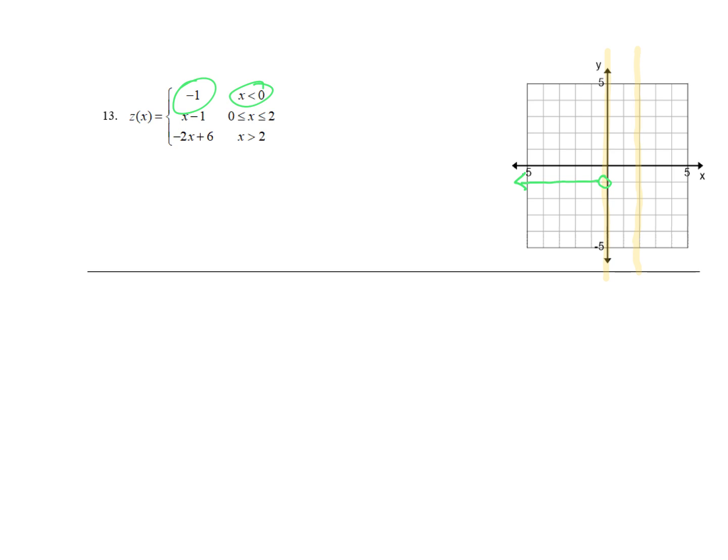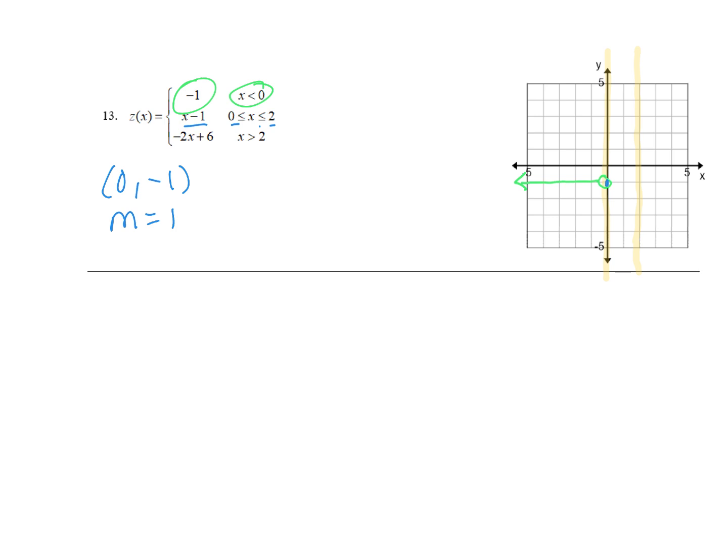Now, in the middle, I have x minus 1. So I have a y-intercept of (0, -1) and a slope of 1. And I'm going to draw this between 0 and 2. And notice both of those are equal to. So when I start graphing this, I'm going to shade the endpoints of this particular section because of the equal to. So (0, -1).